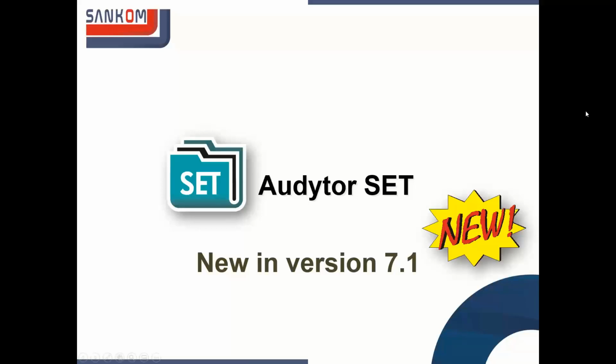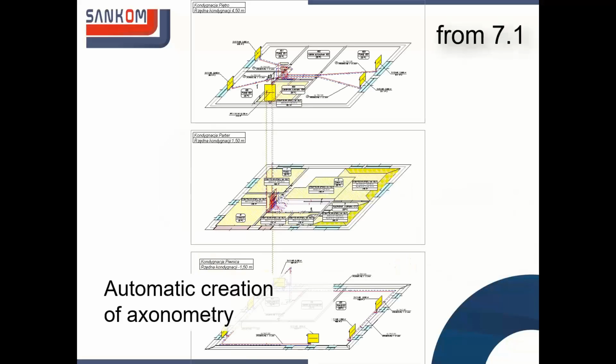And now about the newest functions. First, the functions that are maybe not the newest, because it has been more than a year now since we introduced them in version 7.1. First, it's the automatic creation of Axonometry.